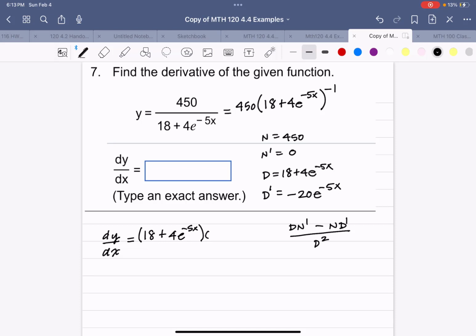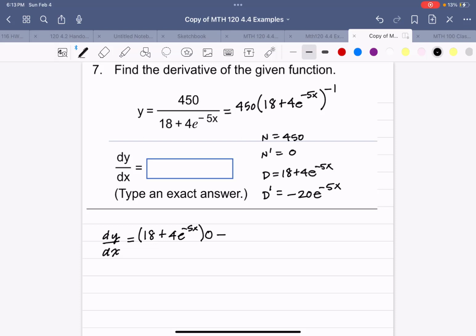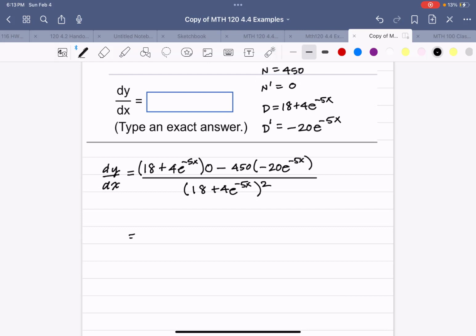Derivative of the numerator, 0. We expected that to happen. Minus the numerator, 450. Derivative of the denominator, negative 20e to the negative 5x. All of that is over the denominator, 18 plus 4e to the negative 5x, all squared. So this being multiplication by 0, this whole thing is 0.